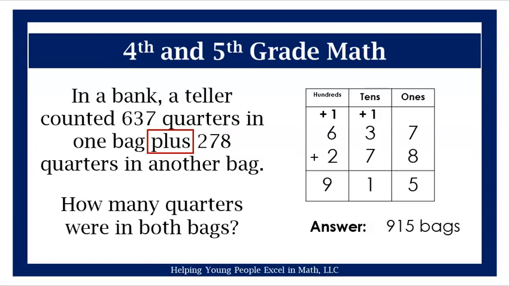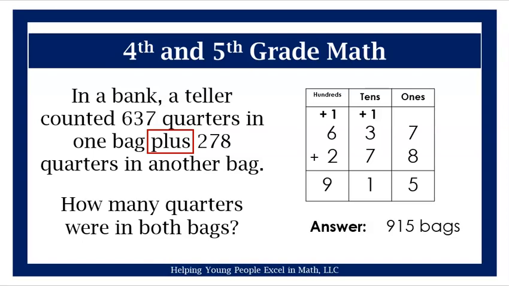Now, what we're going to do is start at the ones place. We have 7 plus 8, that is 15. So we will write down the 5 in the ones place and carry our 1. In the tens place, we have 3 plus 7, which is 10, plus 1, which is 11.